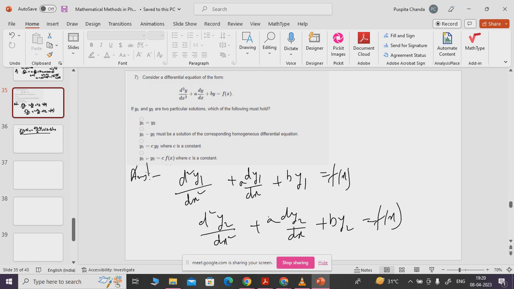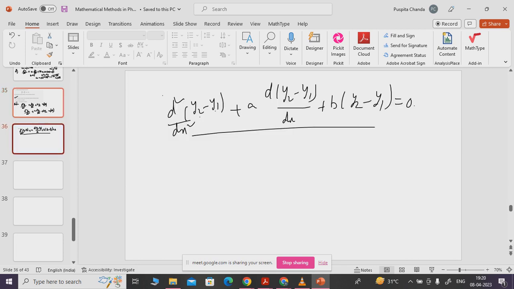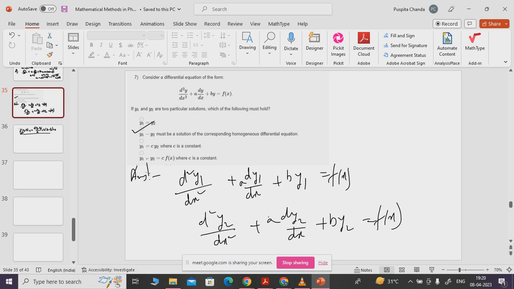We can see that it is a homogeneous equation. So y1 minus y2 must be a solution of the corresponding homogeneous differential equation. It is true. We cannot say that y1 minus y2 will be a constant times a function of x. We cannot say that. So this is the right option.